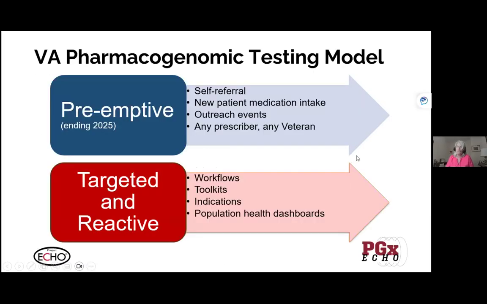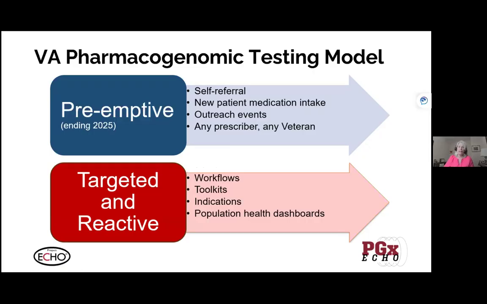So the VA pharmacogenomic testing model, from its inception around 2019 through the end of this year, has been a model that included preemptive, targeted, and reactive testing. We were fortunate to have a donation of PGx testing from the Sanford Foundation and Sanford Health.